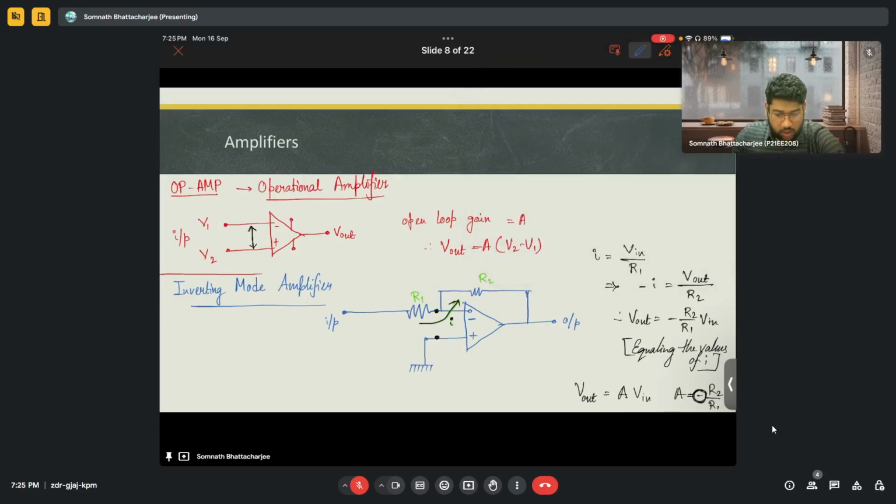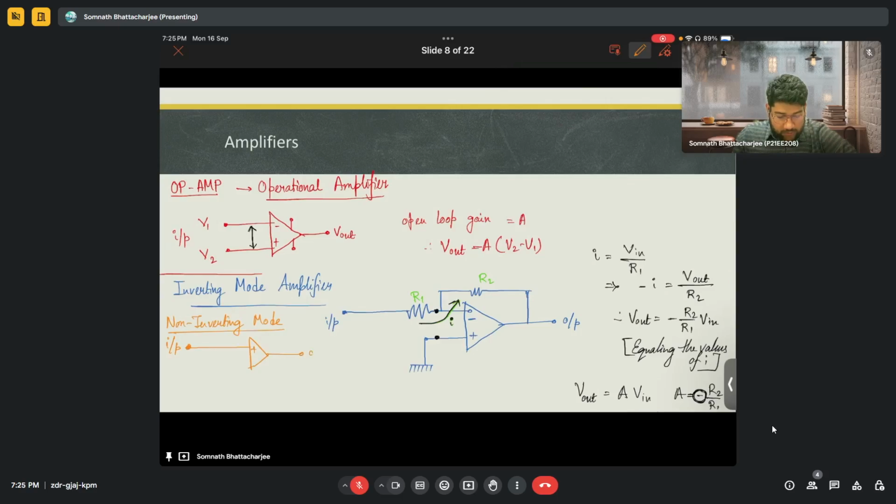So what I'll do is modify this part directly. In the non-inverting mode, we'll just connect a direct input to the positive terminal, that is the non-inverting terminal.